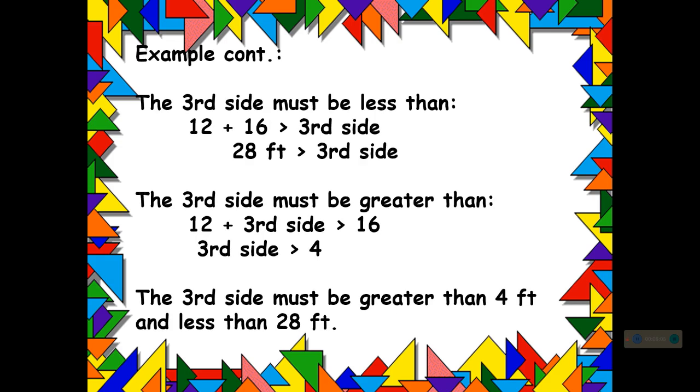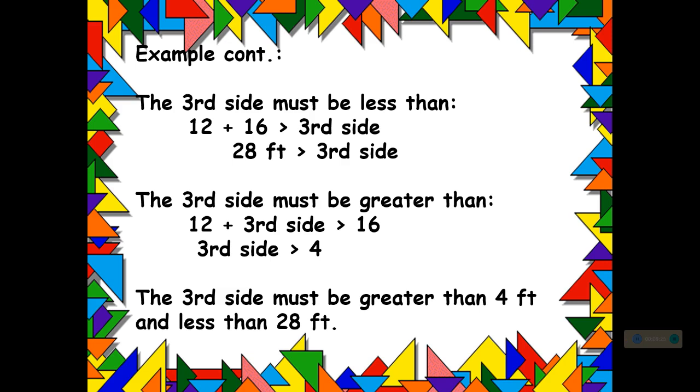The third side must be less than the sum, so we have 12 plus 16 should be greater than the third side. Therefore, 28 feet is greater than the third side. And then, the third side must be greater than what?